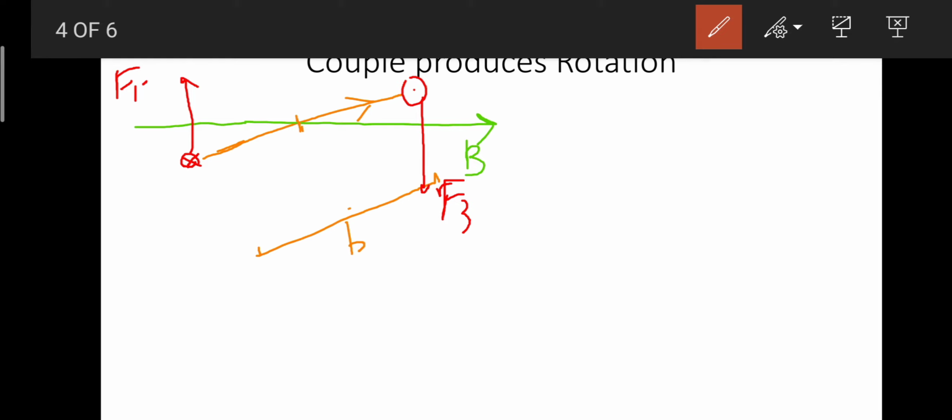Now moving ahead, and how we say that couple is going to be produced, since the formula for torque is equal to R cross F. But here we notice that, sorry, not R here, there would be B in this situation, because we have taken the length to be B. So here B is not perpendicular to F, right?